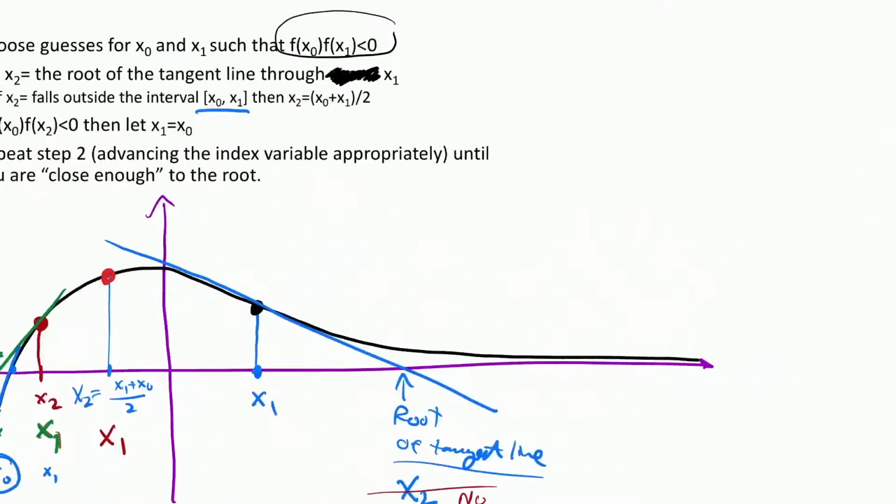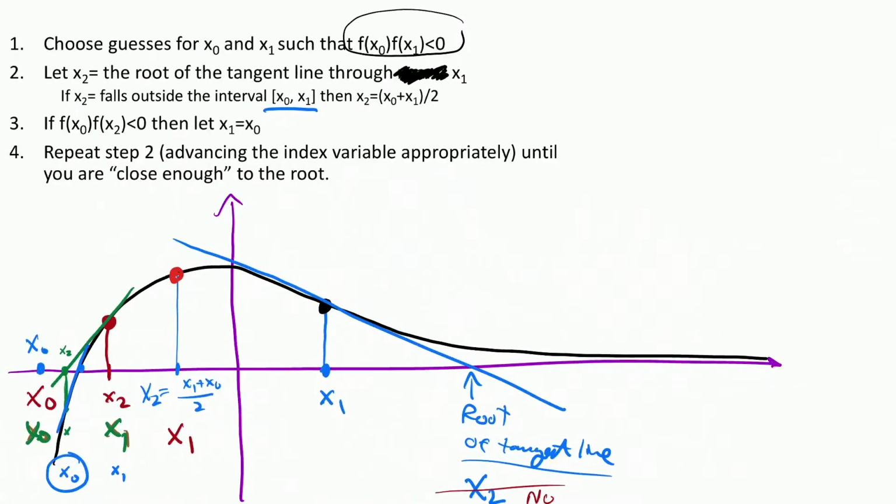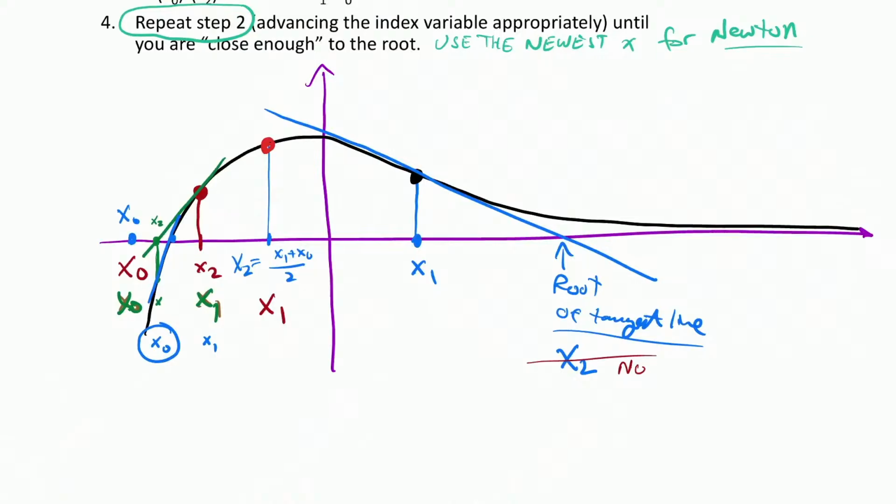Okay, so is that it? Yeah. Okay, so the only thing that I should mention here is that I left off this: when you repeat step 2, you use the newest x for Newton. So whichever side of your interval was the newer one.